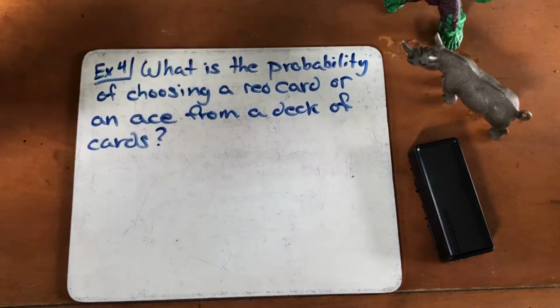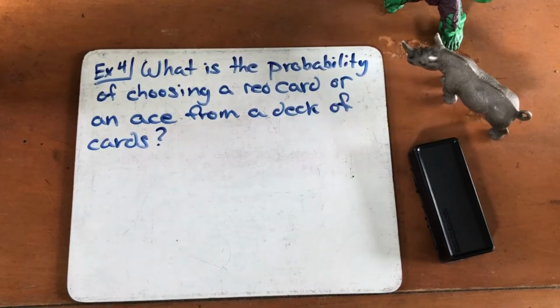My last example for the addition rule is another situation where there is an overlap. These two events are not mutually exclusive. So what is the probability of choosing a red card or an ace from a deck of cards? If you don't know what cards are in a deck of cards, Google it, you can figure it out.